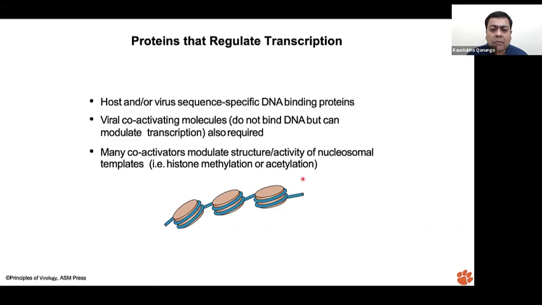But if these methylations are demethylated and these acetylations are deacetylated, and these are done by the HDACs or the histone deacetylases, at that time, this DNA, which is wrapped around tightly in the nucleosome, will loosen up so that the regulatory sequences are now exposed, transcription factors can bind, and RNA polymerase can synthesize the mRNA.